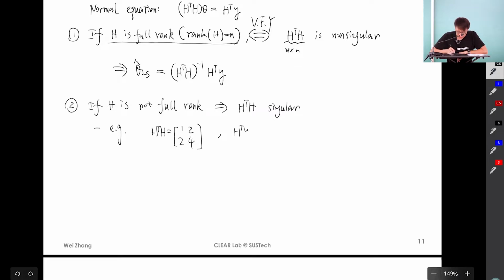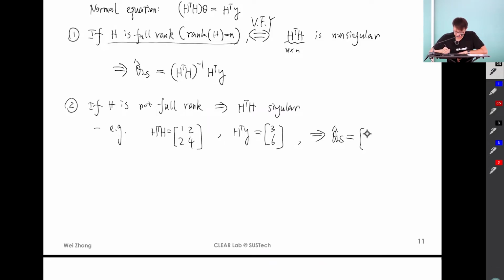And I give another one. Suppose in this case my data times H is equal to [3, 6]. In this case, how many solutions do I have? Theta least square could be anything, right?